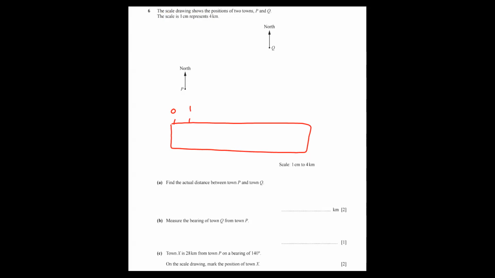So what the question asks is to find the actual distance between towns P and Q. On the paper, we put a scale from here to here and check. I'm using a tablet because I'm doing this on the screen, so it's not easy for me to measure, but if you have a printed hard copy with you, you can check the scale, and it turns out to be maybe between 8 and 8.5 centimeters.